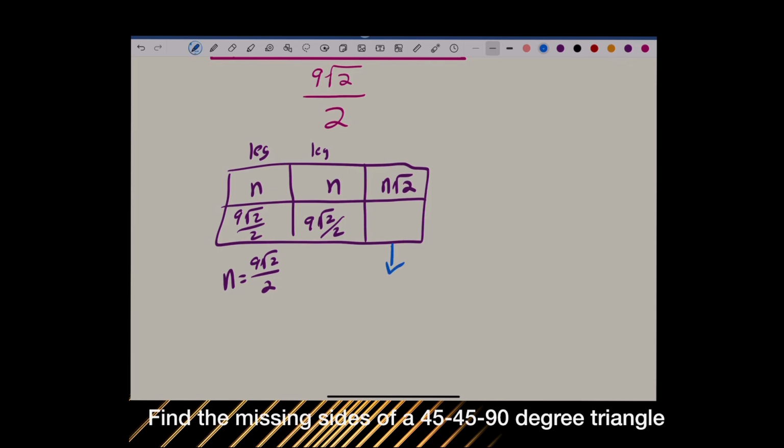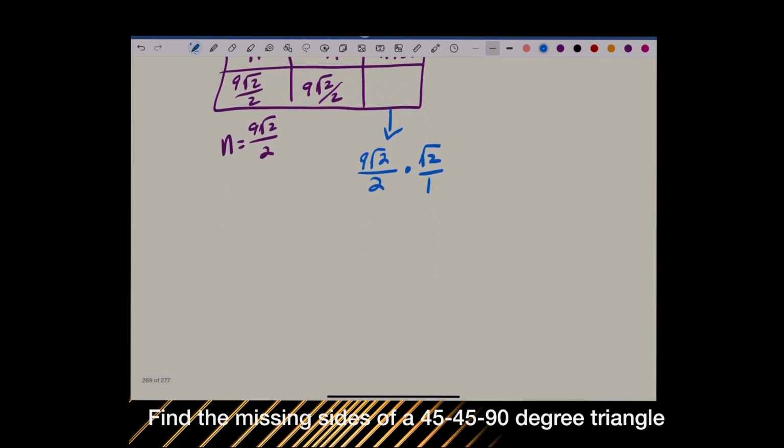My n value I can replace with 9 times the square root of 2 over 2. That's my n value. I have to take that times the square root of 2, which is the same thing as the square root of 2 over 1.